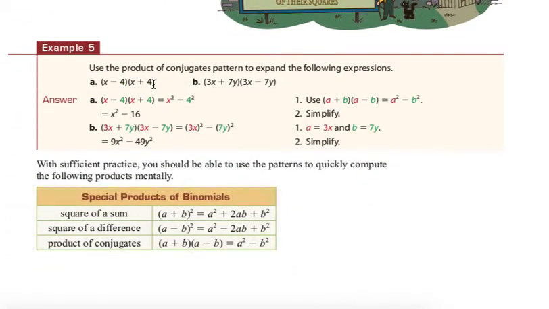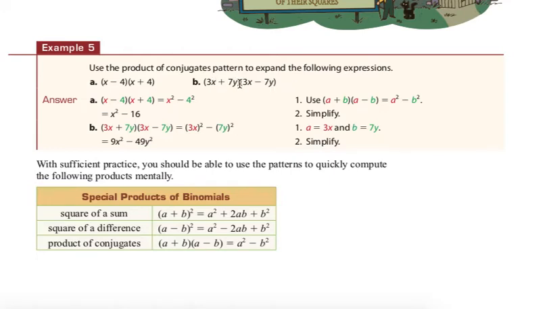Let's look at these conjugates over here, okay? It's going to be x squared minus 4 squared. Here we go, x squared minus 4 squared. Simplify that, x squared minus 16. Done. Let's look at this over here. Also, multiplying conjugates.